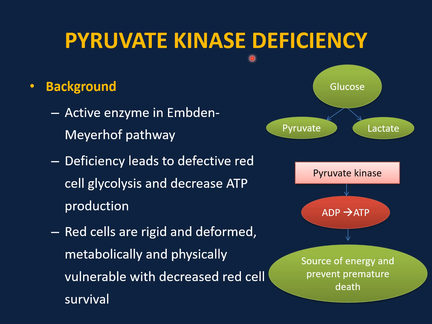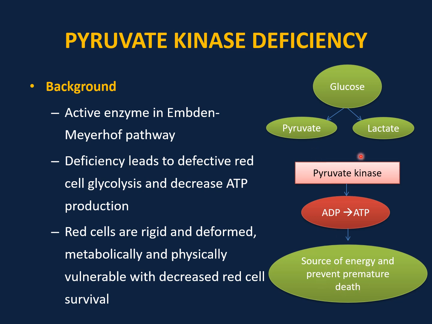Pyruvate kinase deficiency. As you know, glucose is the source of energy, and red blood cells require glucose in order to survive. The glucose is broken down to pyruvate and lactate. The enzyme pyruvate kinase changes phosphoenolpyruvate to pyruvate, releasing one phosphate to change ADP to ATP, and this ATP is very important for red blood cells as the source of energy and to prevent premature death.